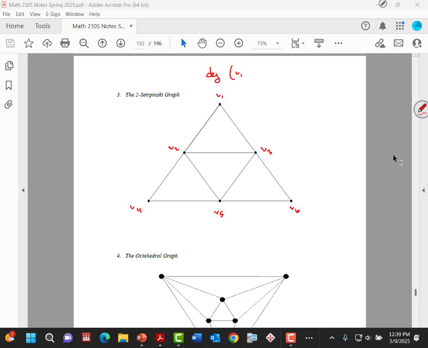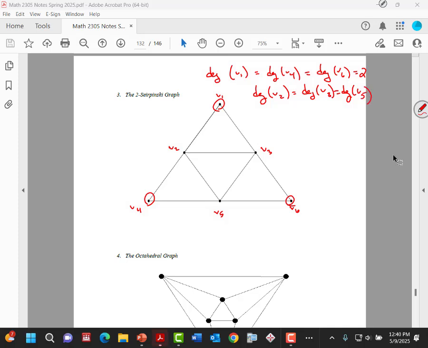So the degree of V1 is equal to the degree of V4 is equal to the degree of V6, 4. So all of these have degree 4, and the degree of V2 is equal to the degree of V3 is equal to the degree of V5.